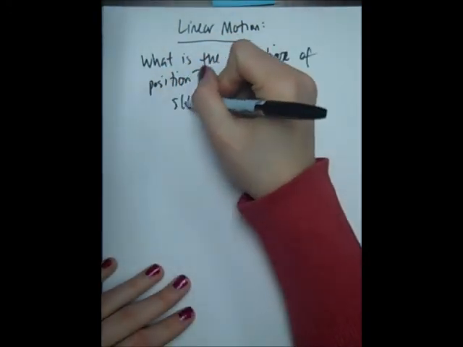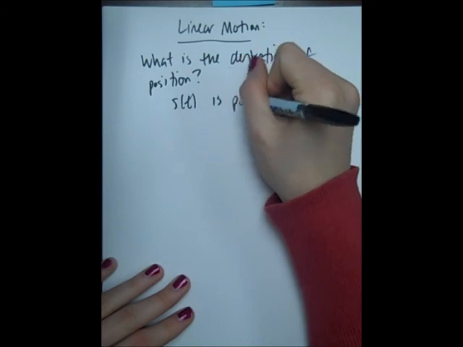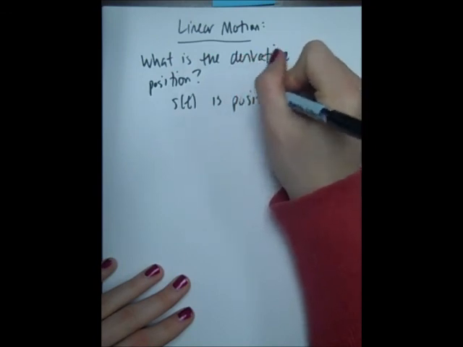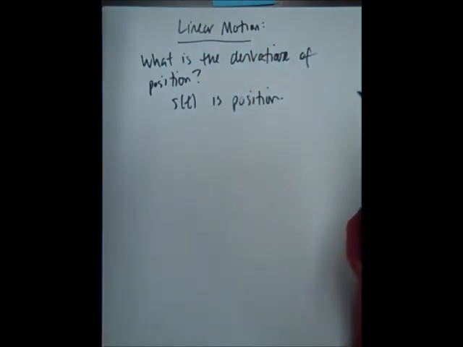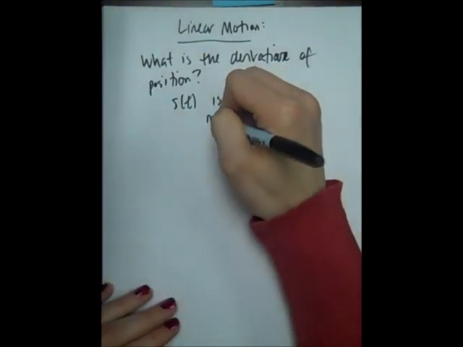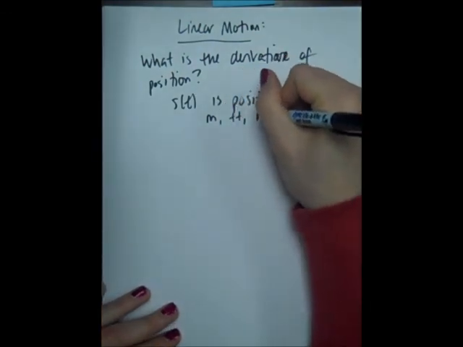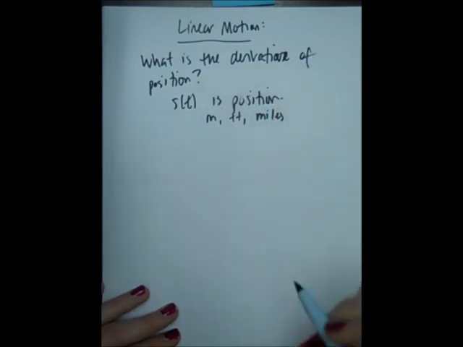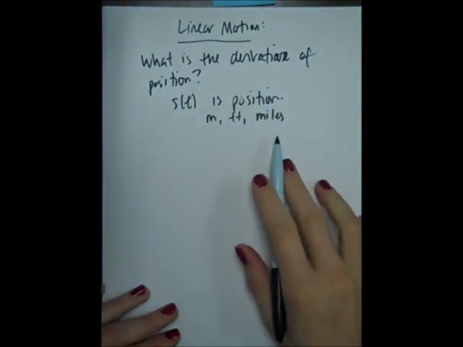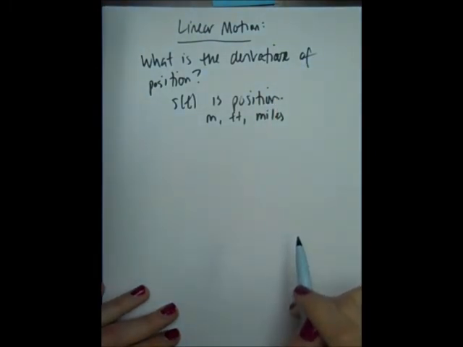If S of t is position, so this says what is the position away from your starting point. What are some units of S of t? This could be something like meters or feet or miles, any sort of distance. What is the derivative of this, where t is measured in time?